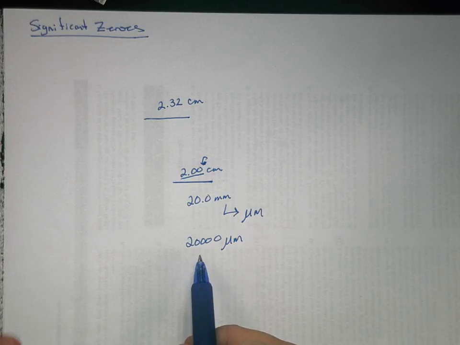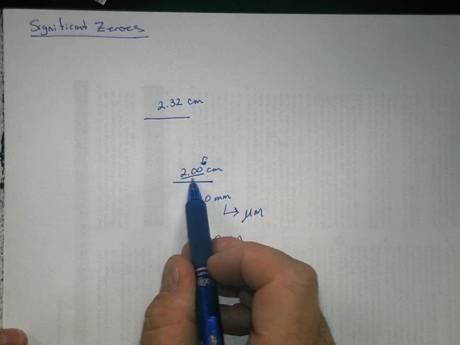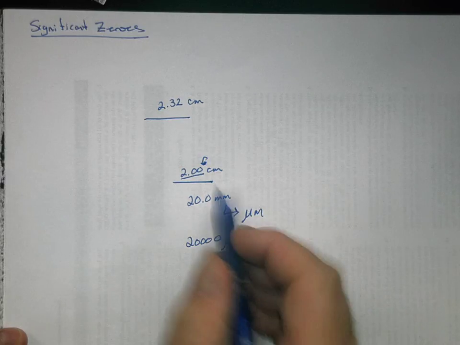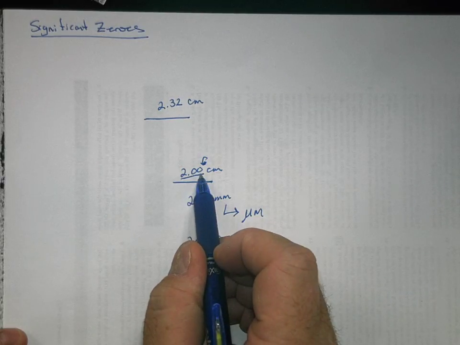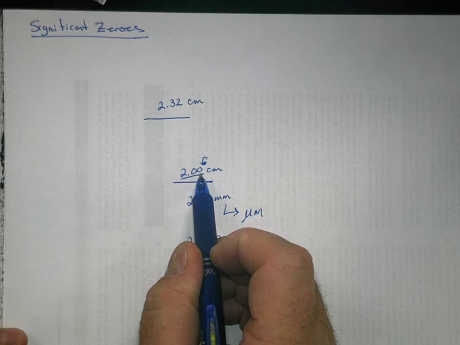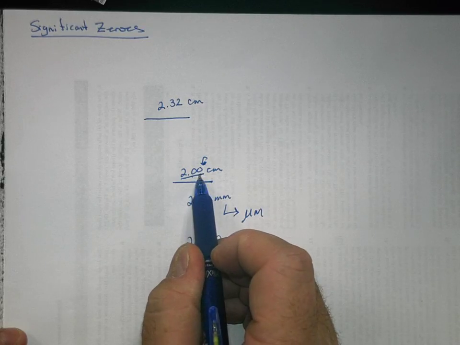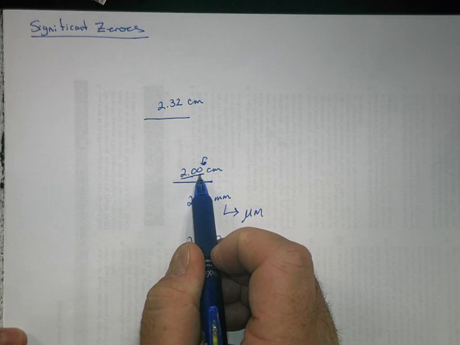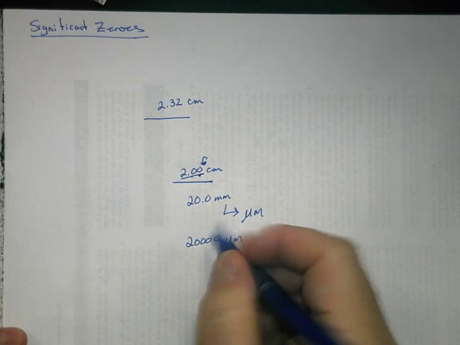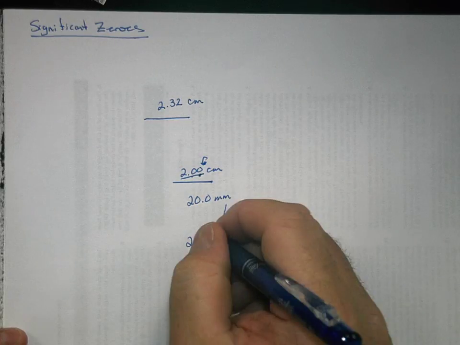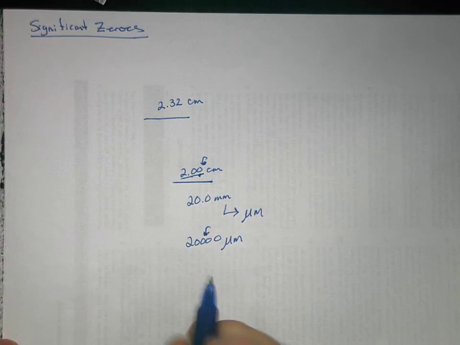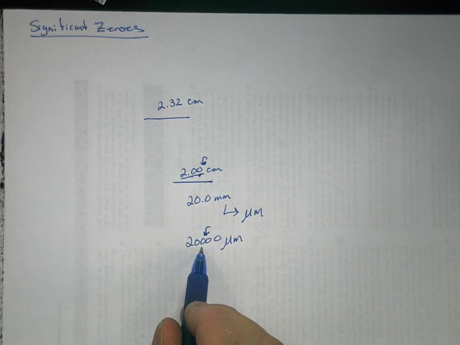Problem is, how many digits of precision did I have when I first measured this? We had 3 digits, right? The 2 and this 0 and then this 0. That's how many units of precision we had. How do I communicate that this 0 right here is the precision of our measurement?